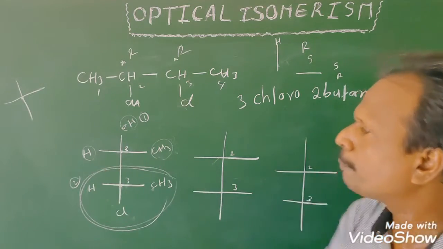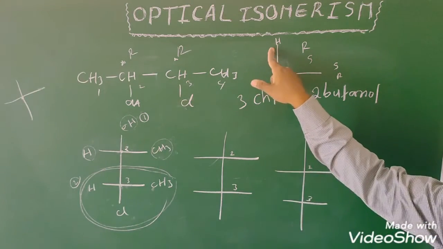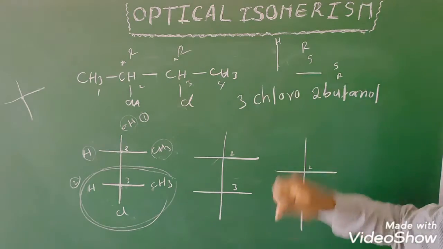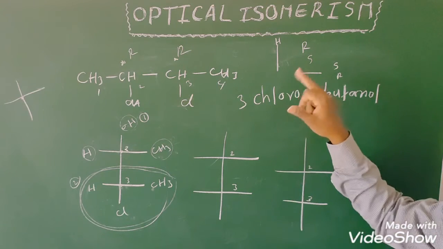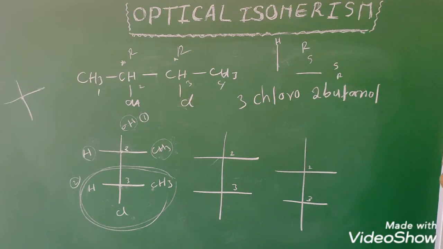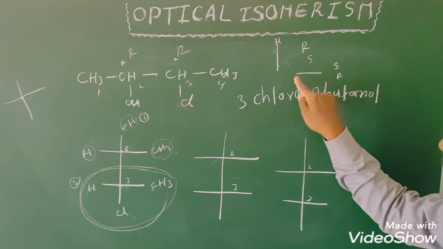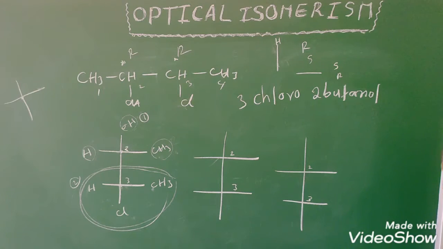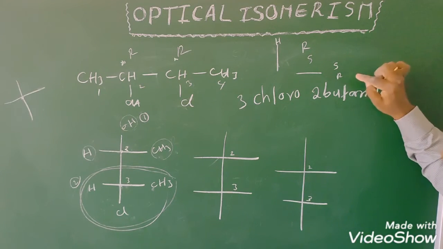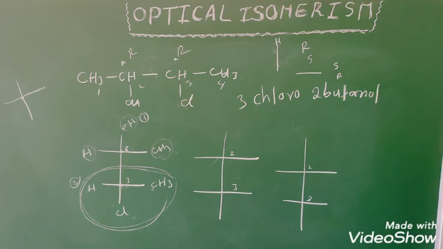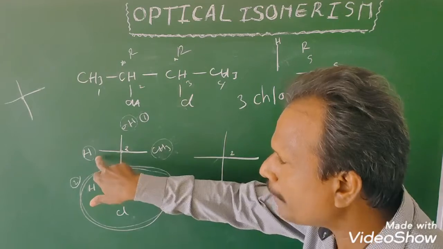If the small group is in vertical, then for clockwise numbers, R chirality. For anti-clockwise, S. If it is present in horizontal, then for clockwise, S. Anti-clockwise, R.